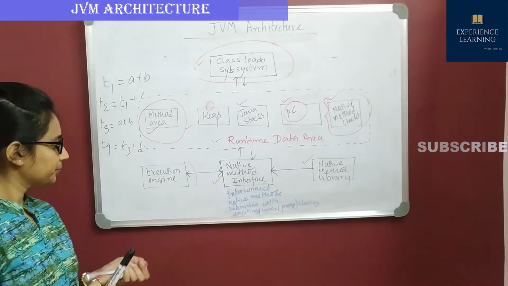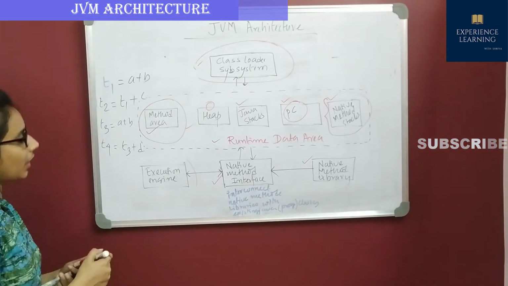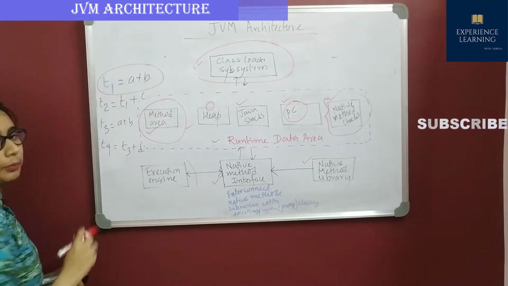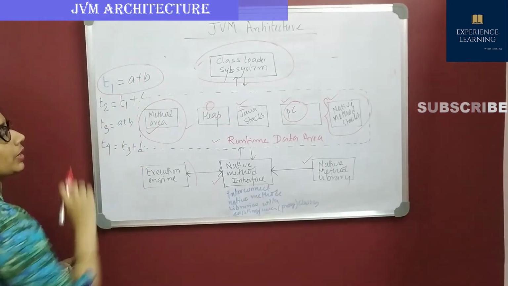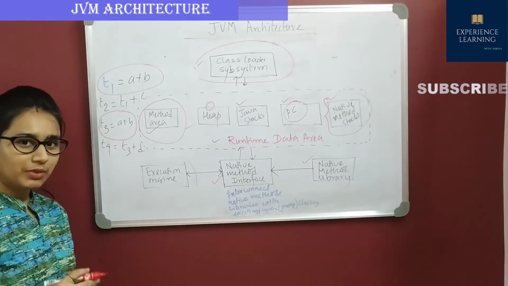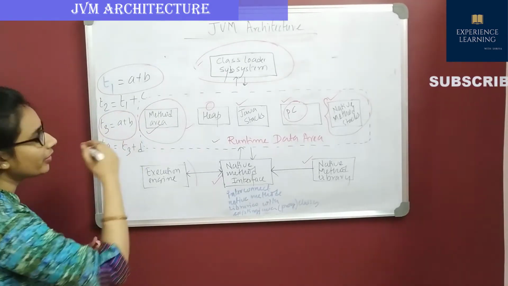Now, when it is interpreted, T1 equals A plus B. Now see, for T3 we are getting the same thing again, which is already done.